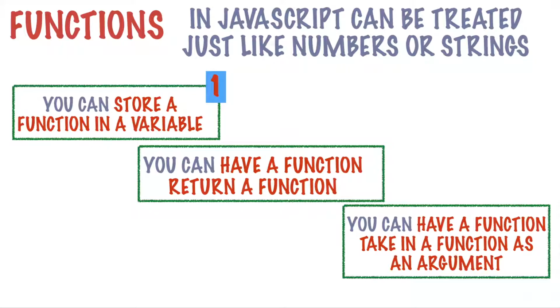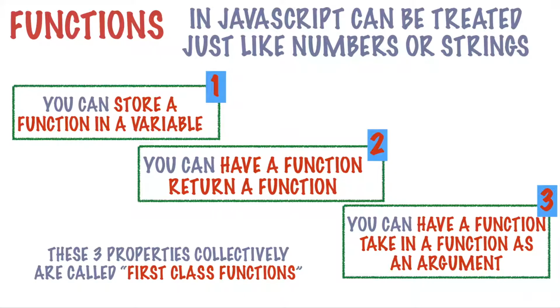These are 3 important points which are necessary for functions to be first-class citizens. In JavaScript, all 3 points apply, which means in JavaScript, functions are called first-class functions. These 3 properties make JavaScript functions first-class functions.